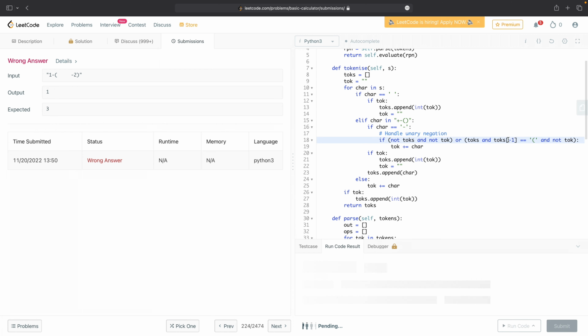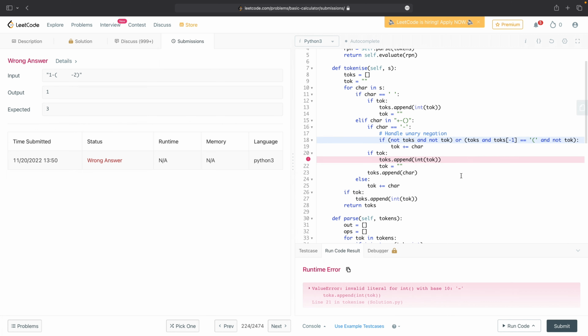Need to check before I peek. So here, when we do this, we need to make sure it's not just that minus we immediately put on.